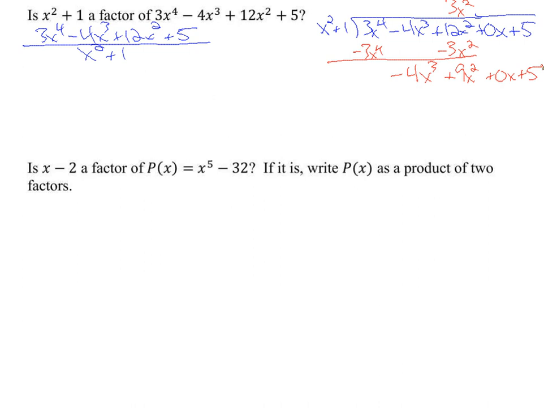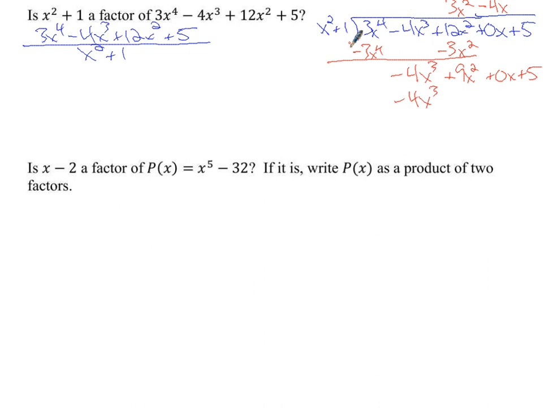Now repeat the process. What times x squared gives me negative 4x to the third? Negative 4x. And I write that above my linear term. So minus 4x. Negative 4x times x squared is negative 4x to the third. Negative 4x times 1 is negative 4x.